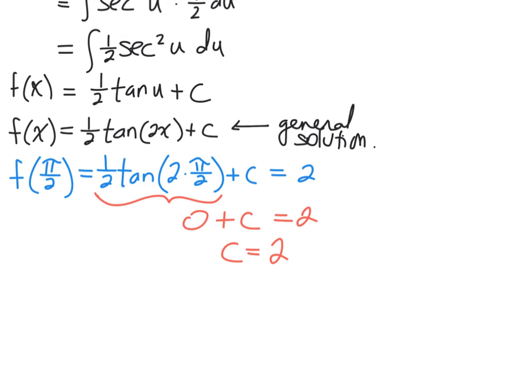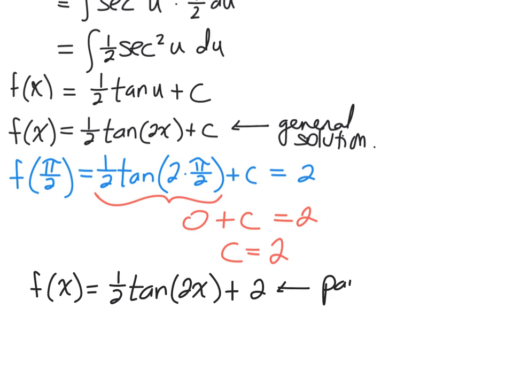So if you know that you're looking on the x-axis for where sine is equal to 0, then you have it. Cotangent would be equal to 0 wherever cosine is equal to 0, which would be on the y-axis. So I have my c value of 2. So my particular solution, f(x) equals 1/2 tangent 2x plus 2. And this is the particular solution.